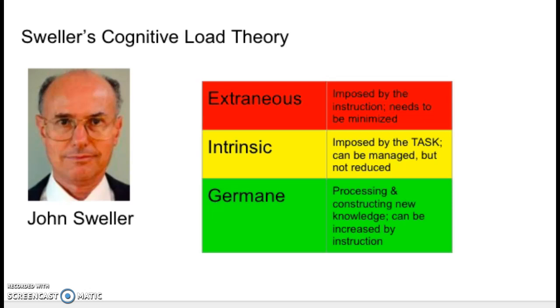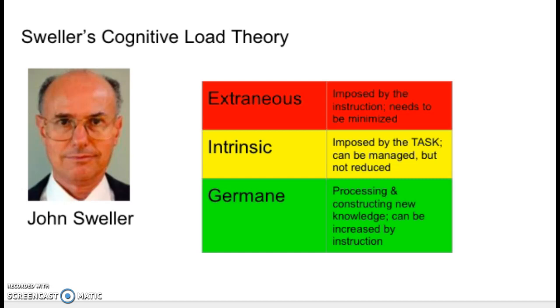There are three kinds of cognitive load. First, there's intrinsic. This is the basic load that's imposed by the task itself. In other words, any job that we have to do is going to have a certain level of intrinsic cognitive load. In other words, it will take a specific part of our working memory. You can't really reduce this type of cognitive load, but you can help to manage it.